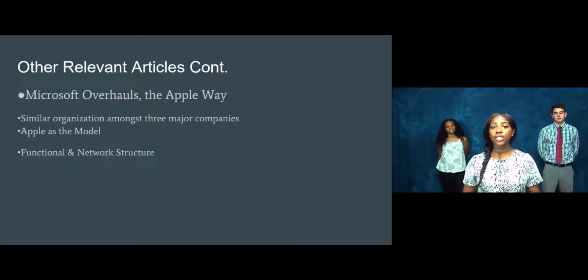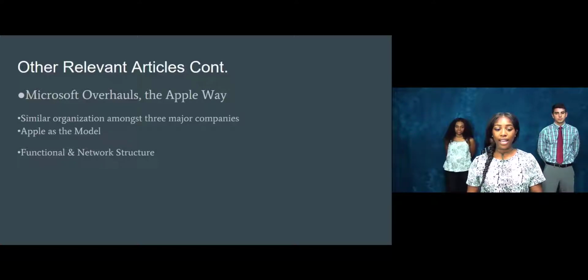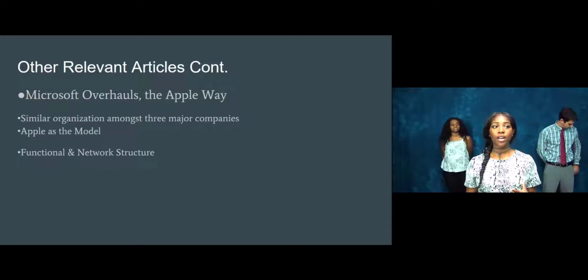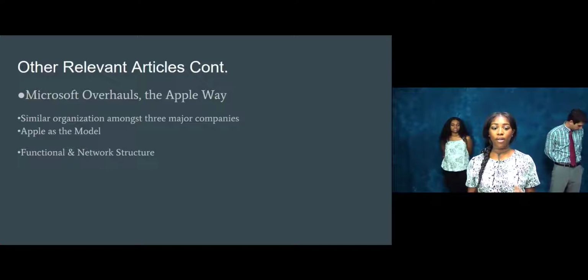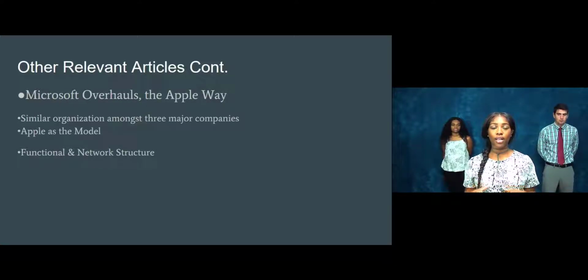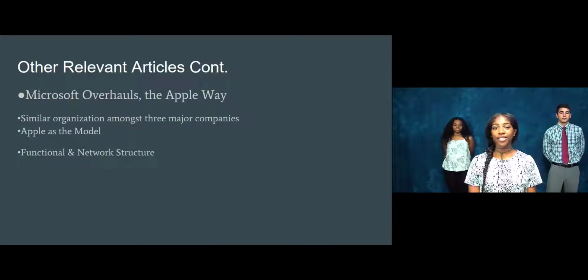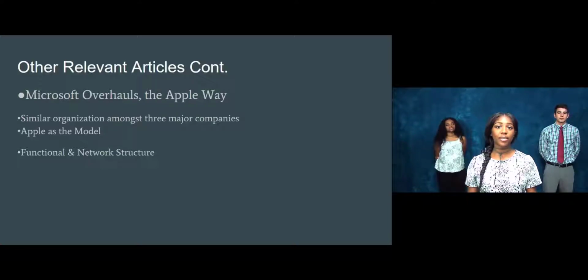All of these companies do show a mixture of functional and network structure. Some of the units are more defined and do have more regulations, while a lot of it is open and free, and a lot of the jobs are given to one person. However, there is some frustration in the offices of Microsoft because they do have to depend on the moves of other companies, in this case Apple.